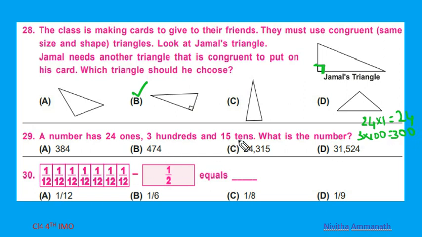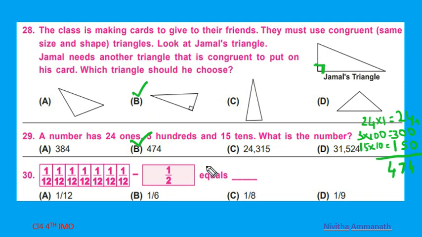Then 15 tens means 15 into 10, that is 150. So 150: 0 in ones place, 5 in tens place, 1 in hundreds place. So if we add these up, 4 plus 0 plus 0, that is 4. 5 plus 2, 7. 3 plus 1, 4. 474. This is the correct option.